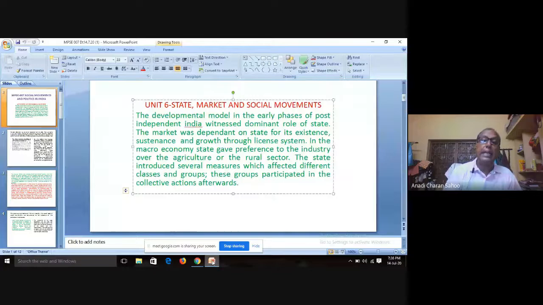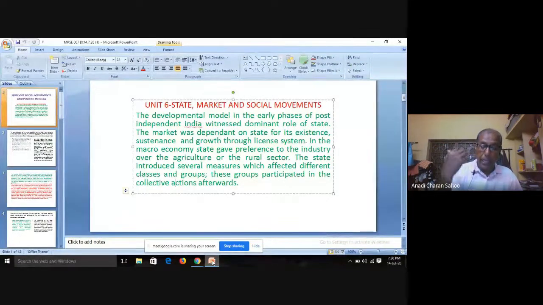The state introduced several measures which affected different classes, groups. These groups participated in the collective actions afterwards. Who are these groups?